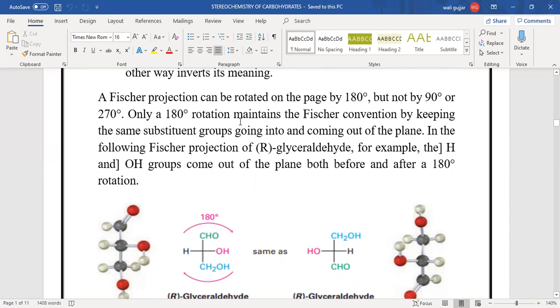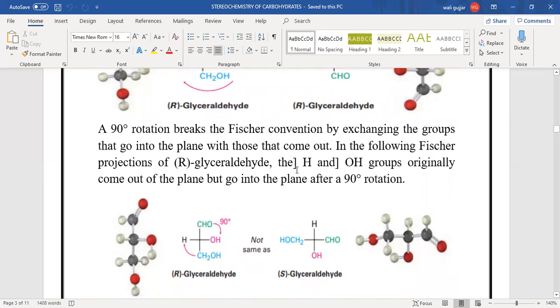Only a 180 degree rotation maintains the Fischer convention by keeping the same substituent groups going into and coming out of the plane. In this glyceraldehyde, for example, the hydrogen and hydroxyl groups come out of the plane both before and after a 180 degree rotation.